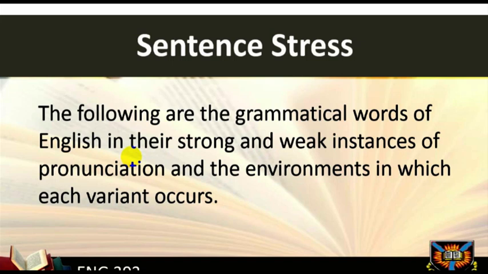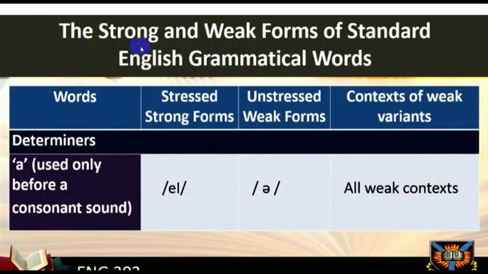The strong and weak forms of standard English grammatical words. Words, stressed strong forms, unstressed weak forms, context of weak variants. Determiners. A: use only before a consonant sound. A, all weak contexts.